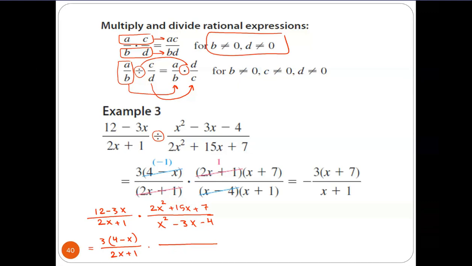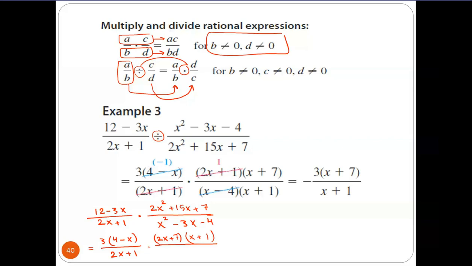The second one, we have 2x, put it, and x plus 7, so we have 1 and 7, put it plus 1 and 7. If for example we put 7 here and 1, this is not correct.